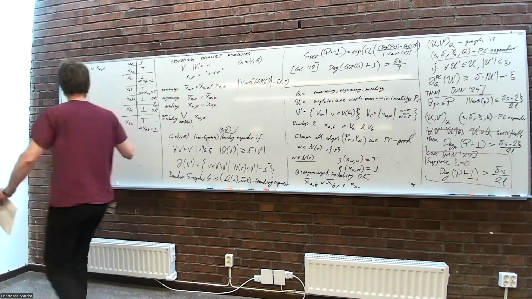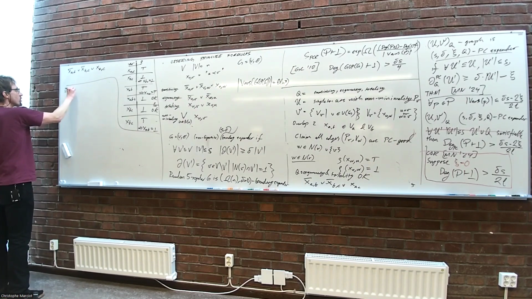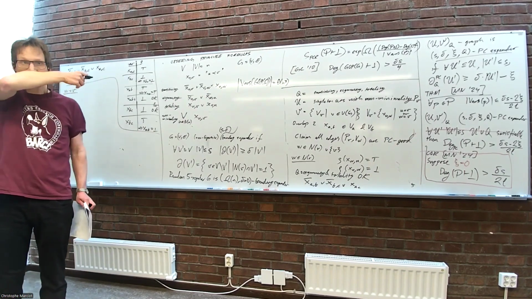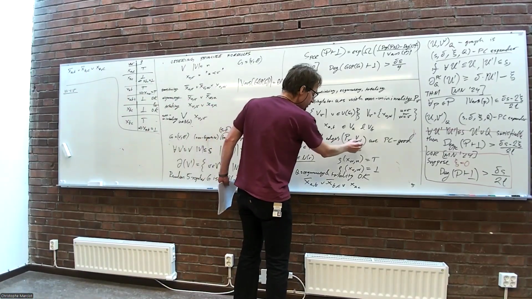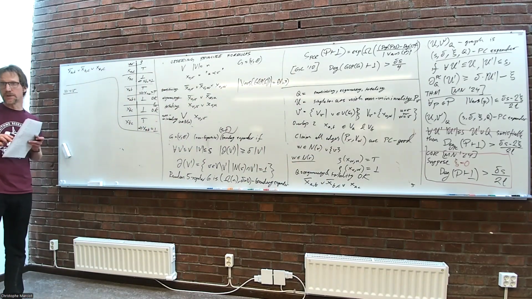So then we have the other case. If W is equal to V, then what should I do? Now we have an edge from PV to VV. I have to make PV happy. What should I do?